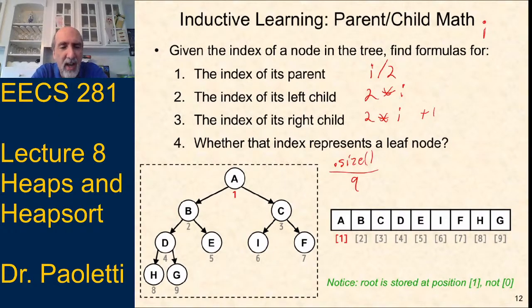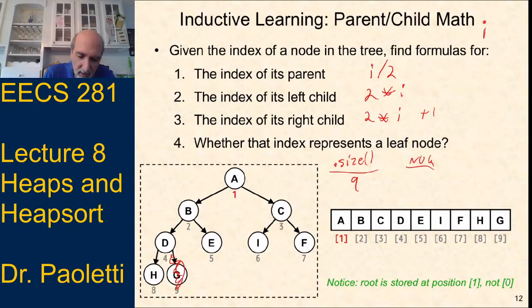Okay, let's look at that 9. If we say that about half of them are leaf nodes, let's take that size divided by 2. Size divided by 2 is 4. And everybody greater than that is a leaf node. That works at least when size is odd. What about if size was even? What if G didn't exist and the size was 8?